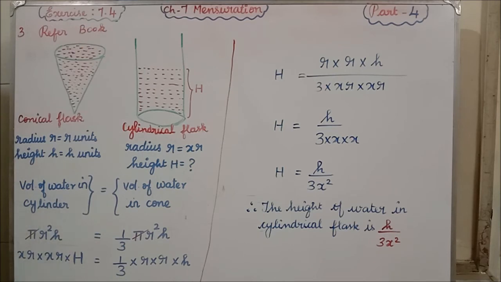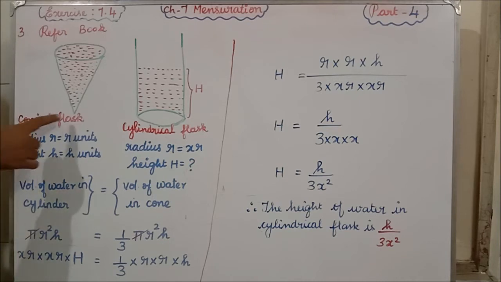We have to find the height of the cylinder. Clear students, all of the question? We are taking a conical flask full of water, and that water we are transferring into the cylindrical flask. We have to find the height in the cylindrical flask. Clear? Now we are talking about two shapes. One is a cone and another one is a cylinder.